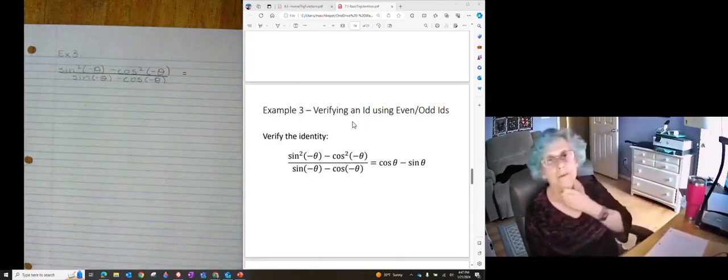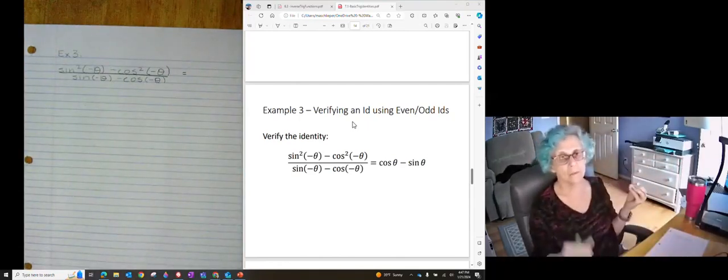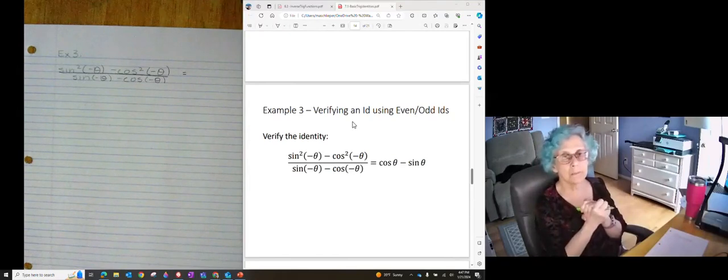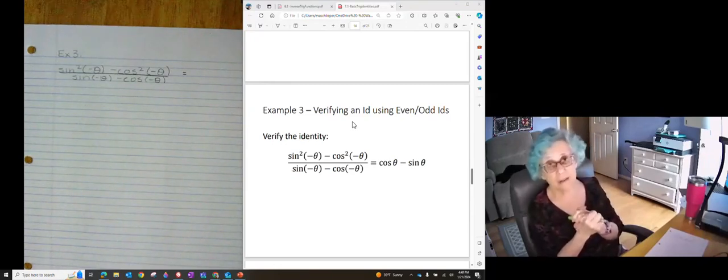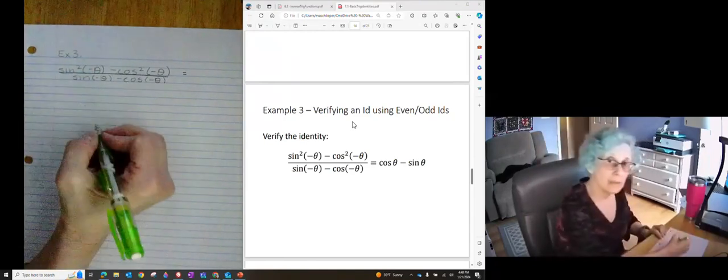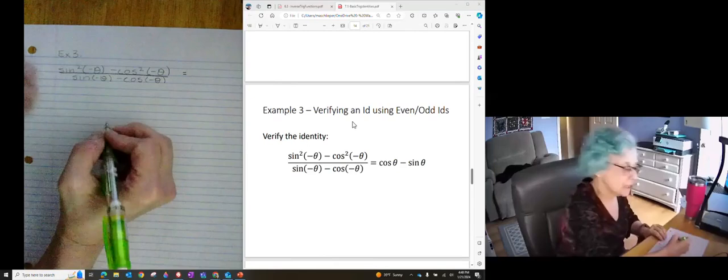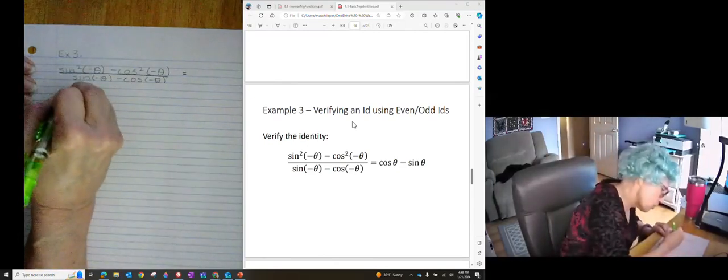Equals. So first thing I see when I look at this is I have a difference of 2 squares sitting on top, and I'm going to go ahead and factor that because I like to factor. If I can factor something, that usually leads to canceling, and canceling brings me joy.